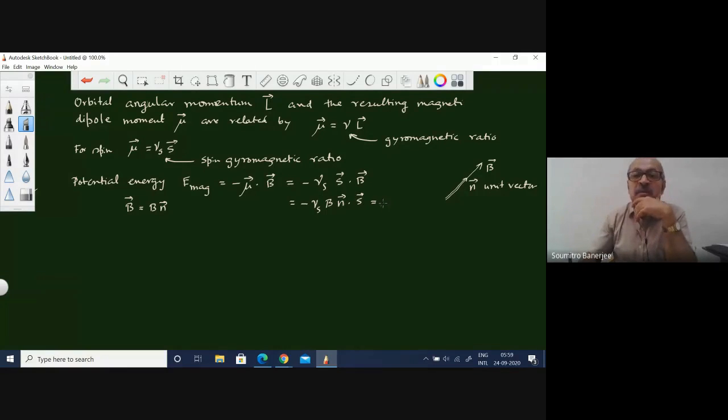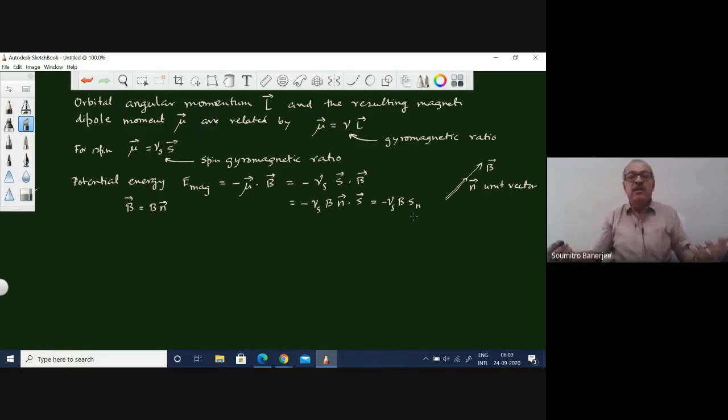So it will be minus gamma B S_n. S_n has the same meaning that we had considered earlier.